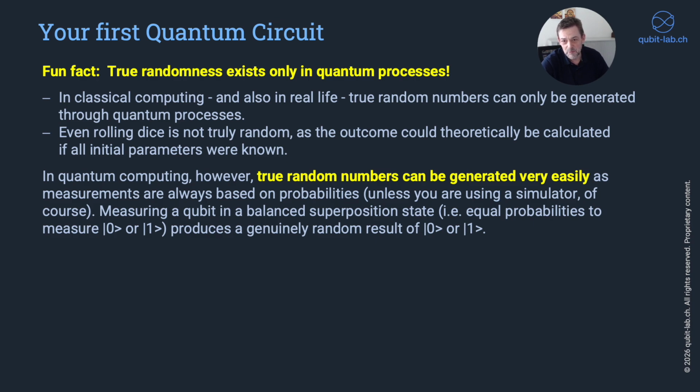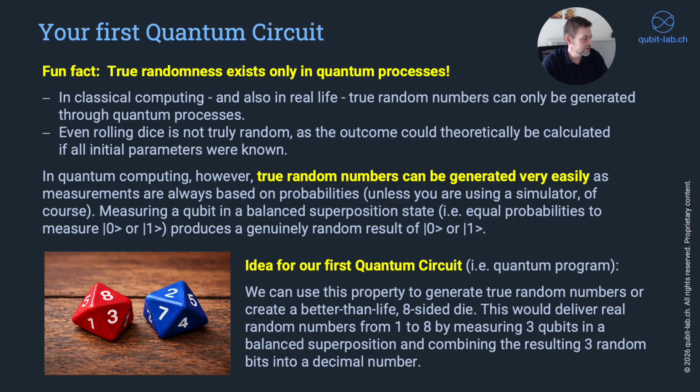With quantum computers, you can generate random numbers very easily. You just prepare a qubit in a balanced superposition and measure it. You will get a random result of 0 or 1 if you do not use a simulator, obviously. So if you use this for our first quantum circuit, we can generate a better than life 8-sided die.